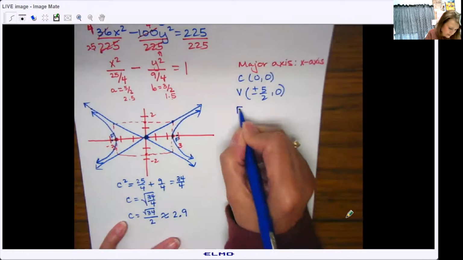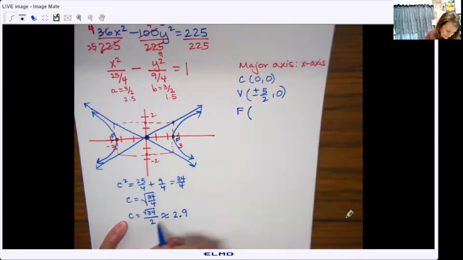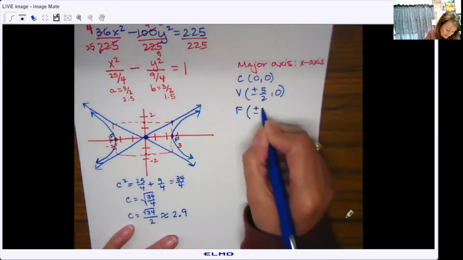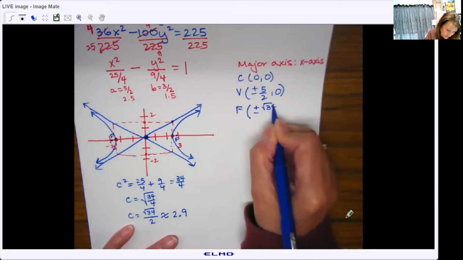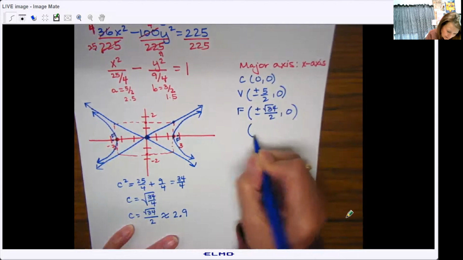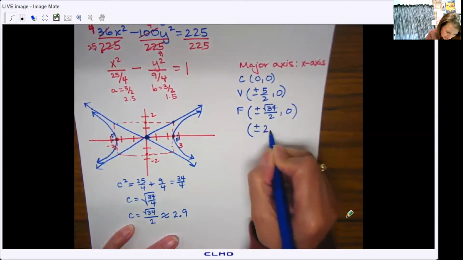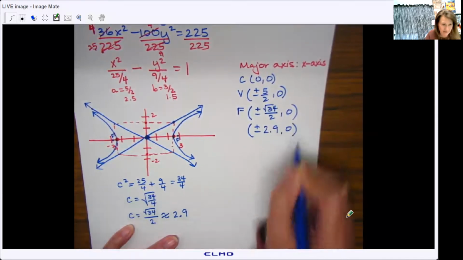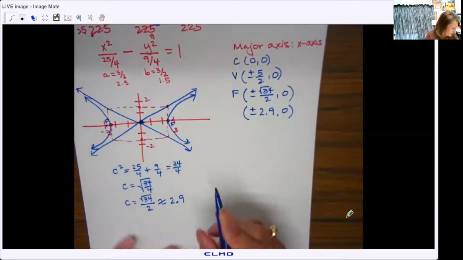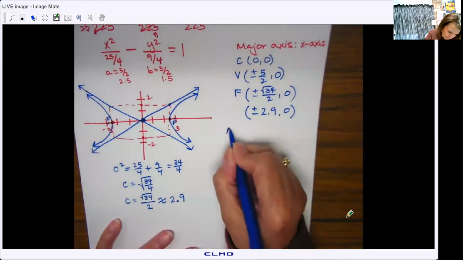Our foci use C, so C is plus or minus the square root of 34 over 2, 0. Or you could write plus or minus 2.9, 0. If you want to round it to the nearest tenth, that's quite all right.